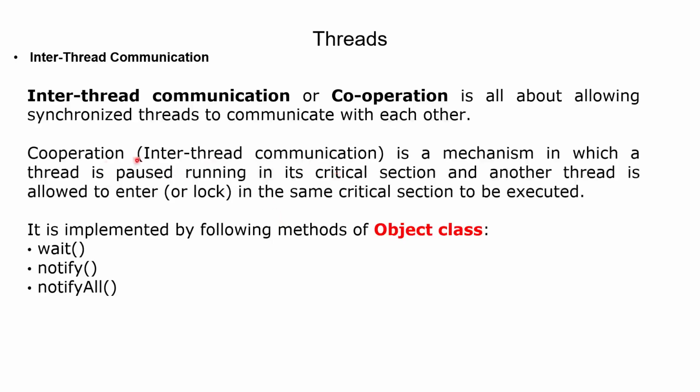So cooperation or inter-thread communication is a mechanism by which a thread is paused. Its execution is paused, it's swapped into a different section of memory, and another thread is allowed to enter and run in the section of memory that the previous thread was running in, so it could be executed, and that can happen quite a bit.